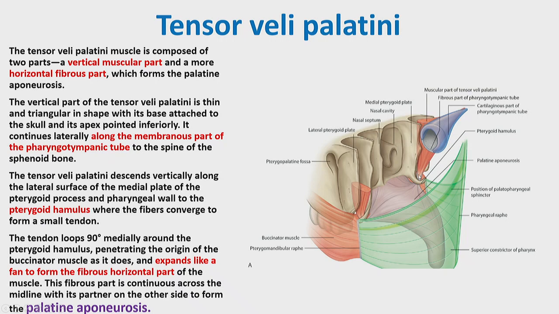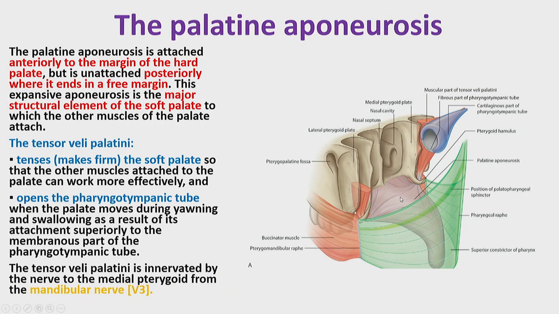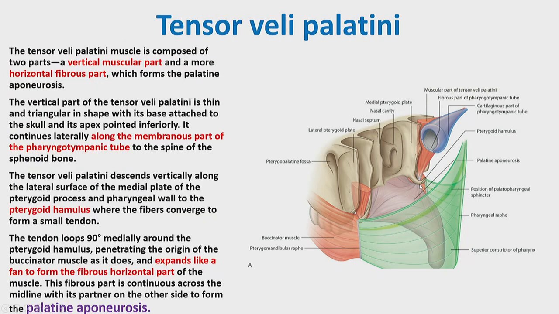Yes, and it goes downward, and the horizontal portion of this muscle becomes more connective tissue, which makes the palatine aponeurosis, which is the basement or basic structure for the soft palate.